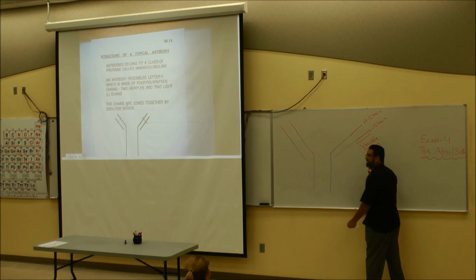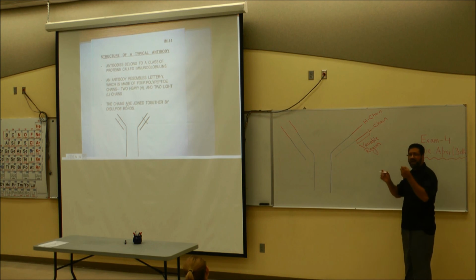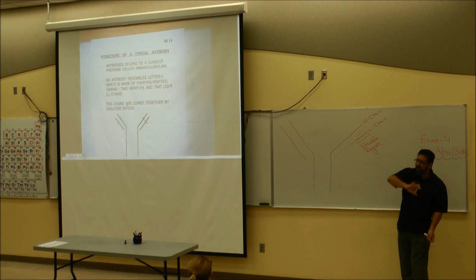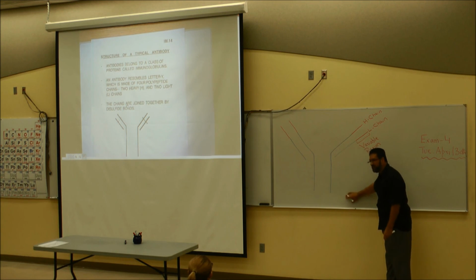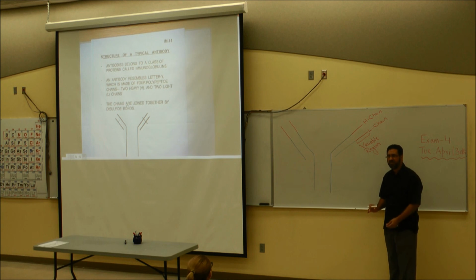Let's say there are 5 million antibodies in group IgG. This part will be different in all of those antibodies. And this blue part is called the constant region.